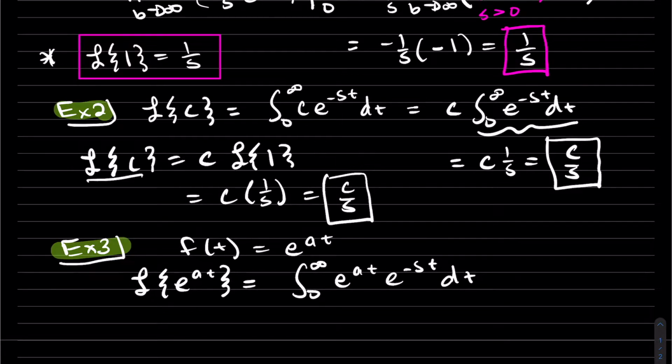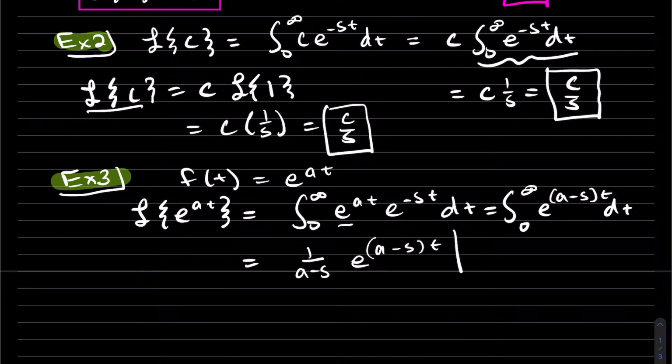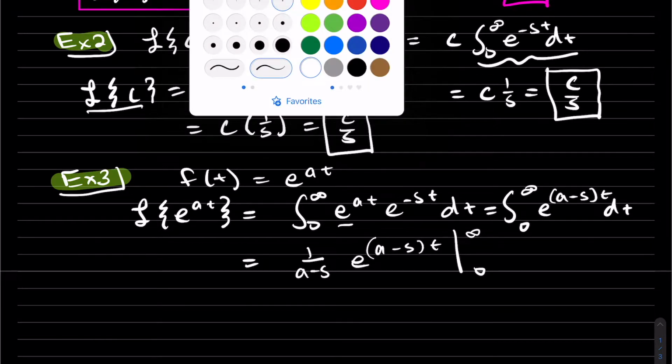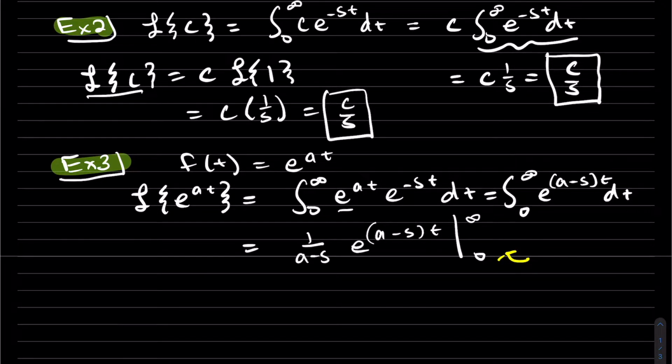Putting into the definition, it's f of t times e to the minus st. Continuing. I'm just being lazy there and using 0 to infinity instead of writing out the limit.